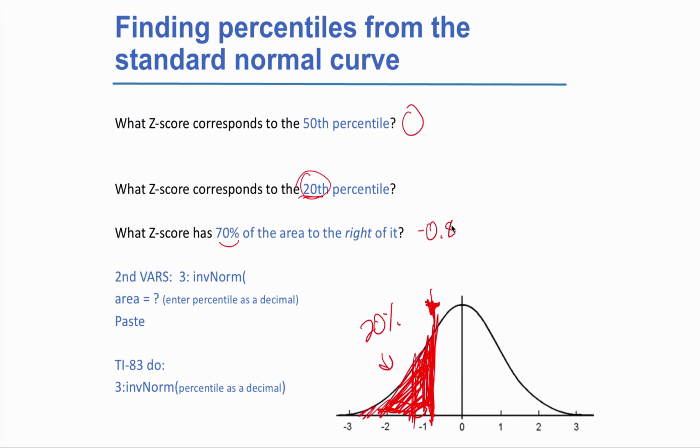Now, if we want the part with the upper 70%, all right, we want 70% above it.